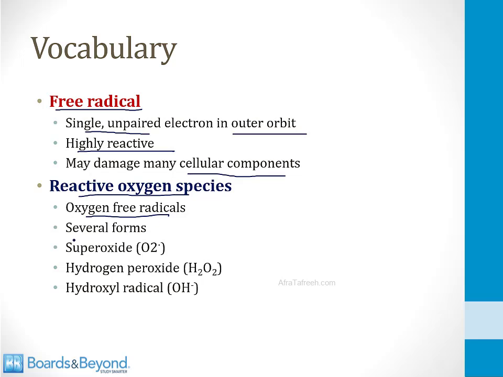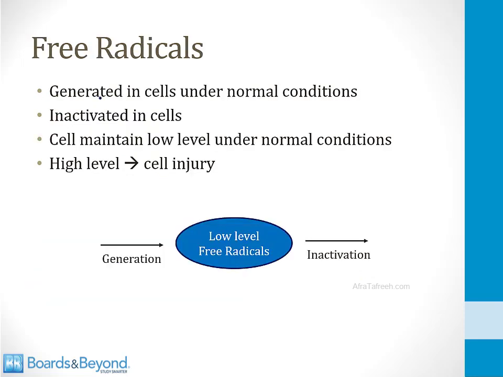Reactive oxygen species come in several forms. One is called superoxide, the other is hydrogen peroxide, and the final one is the hydroxyl radical. And all of these can be produced inside of cells and potentially cause cellular damage. Normal healthy cells in our body generate free radicals even under normal conditions. However, those free radicals are inactivated, and the result is that the cell maintains a relatively low level of free radicals under normal conditions.